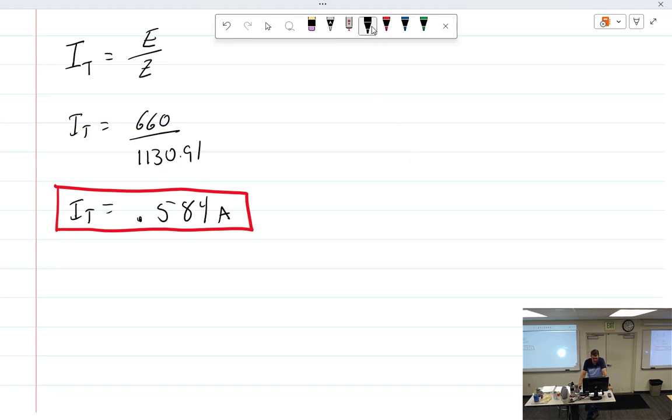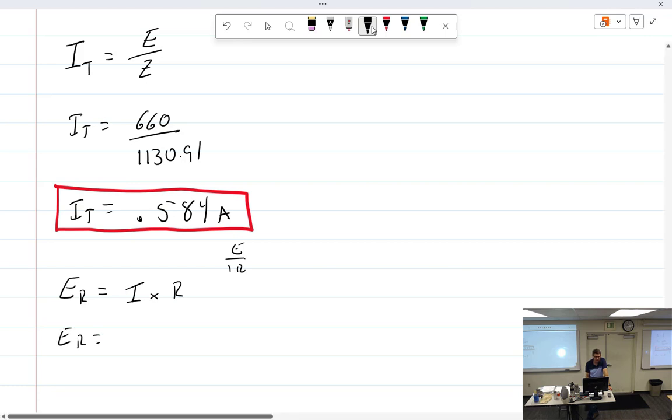What's next? E of R. E of R equals I times R, because E equals I times R. So E equals 0.584 times 60, 35.01.